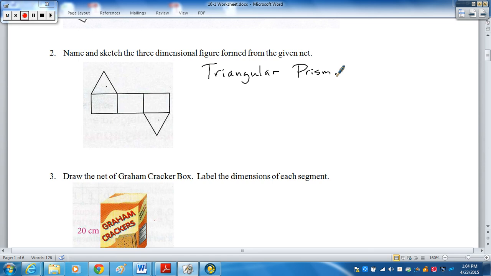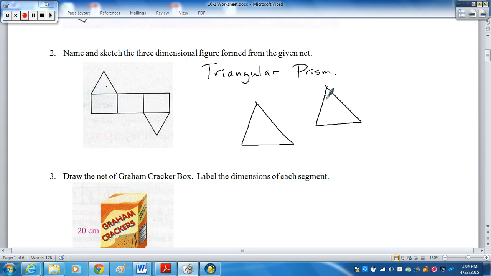Now, a lot of students usually complain, I'm not a good drawer. I know that's not true with a lot of you. You're very good drawers, but you want to claim that you're not. So how do I usually teach how to draw a regular prism when they put it back together? I think the easiest way is to draw one of the bases, and then draw a face that is congruent to the one that you just drew.